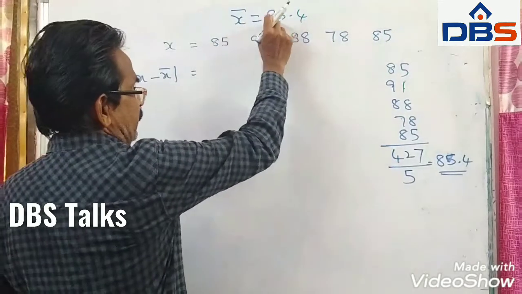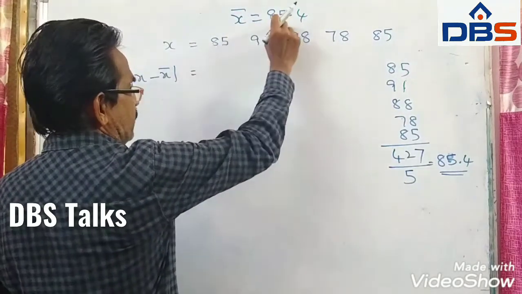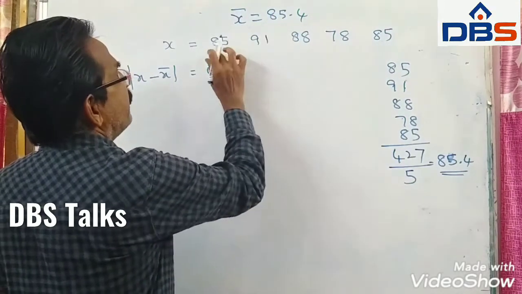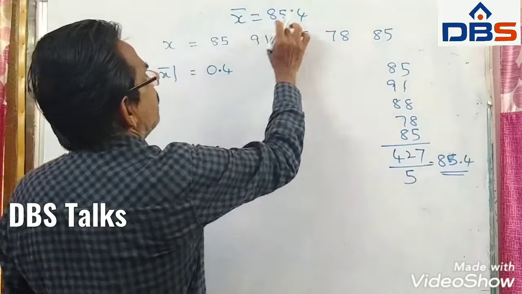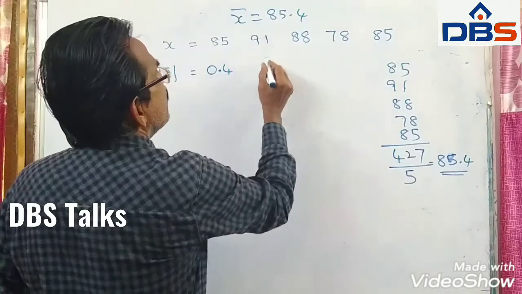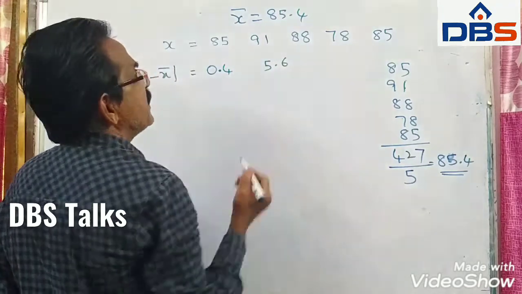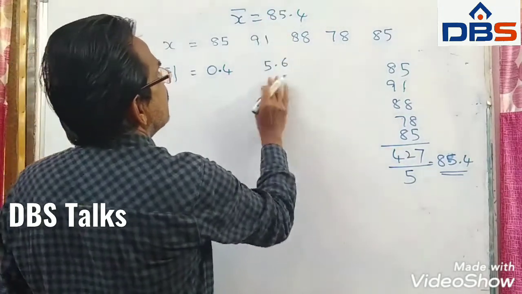So the difference between these two things, 0.4, right, friends? And what is the difference between these two things? 5.6, friends.